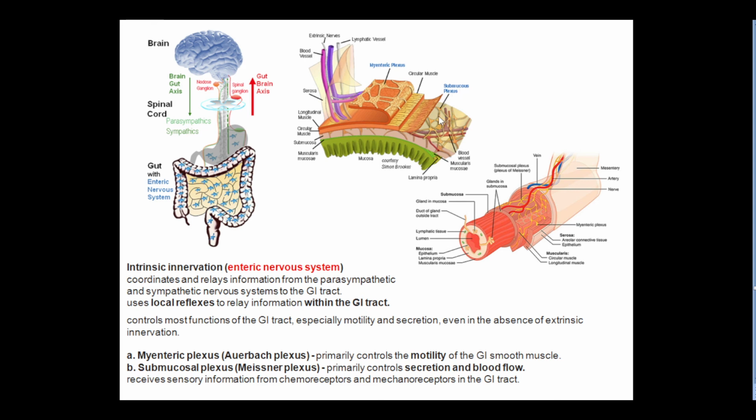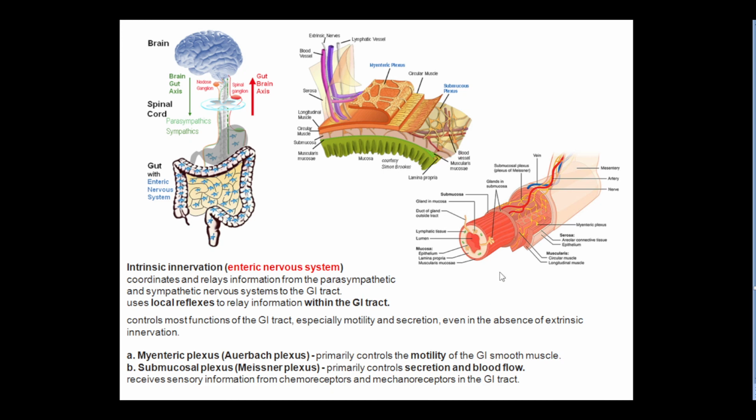As you can see, there is a submucous plexus and myenteric plexus. Submucous, as it comes from the name, is in the submucous layer, Meissner's one, and also you have myenteric plexus within the muscle layers of the intestine or stomach, for example.